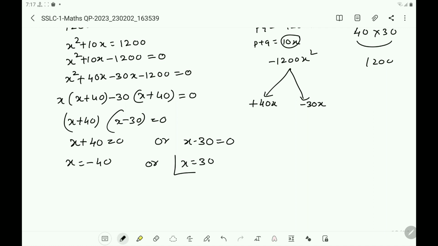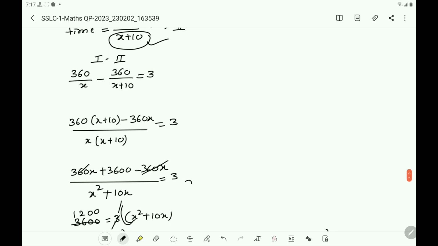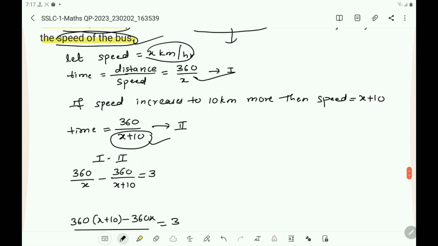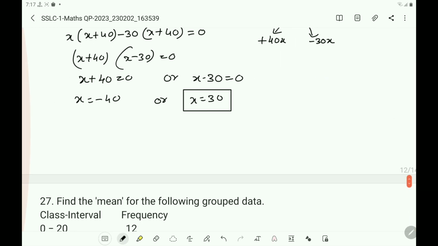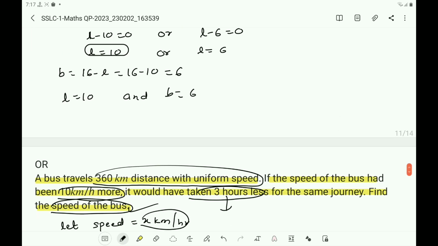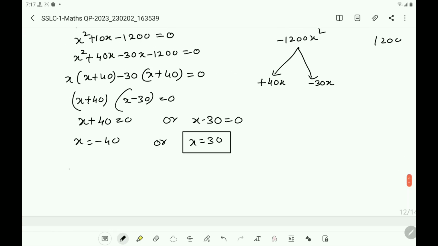But here we have to consider the positive. x must be positive as it is a speed. So you got the speed here is 30 kilometer per hour. Therefore you write speed of the bus is 30 kilometer per hour.